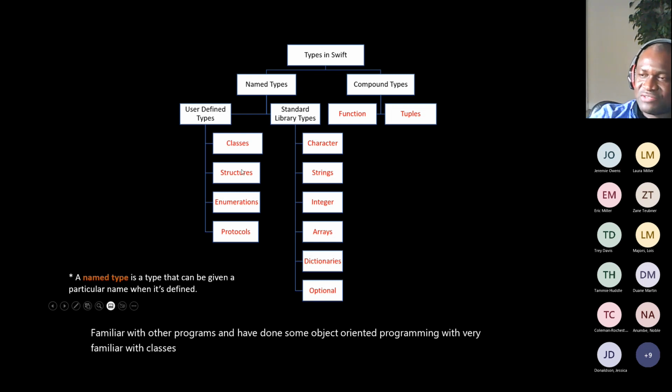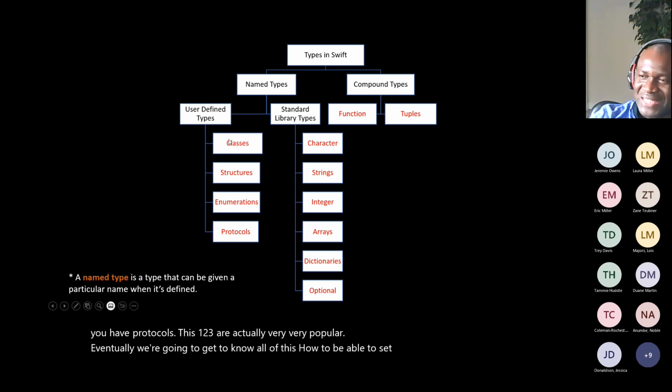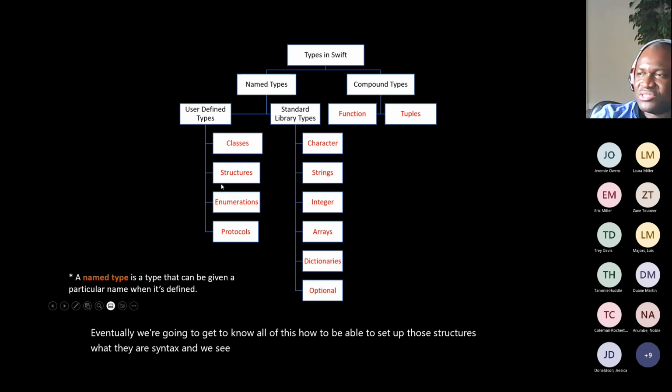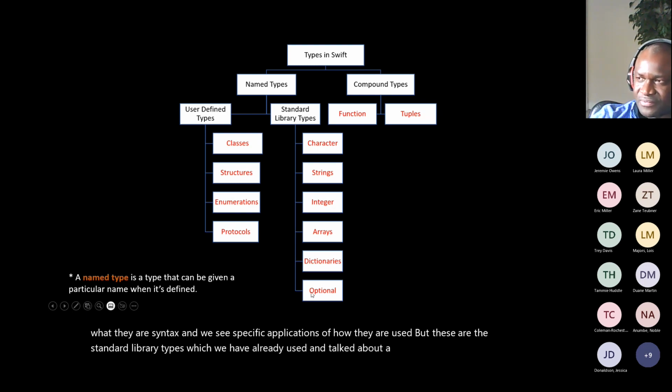So you have classes, you have structures, you have enumerations, and you have protocols. These three are actually very, very popular. Eventually, we're going to get to know all of this, how to set up those structures, what their syntax is, and we'll see specific applications of how they are used. But these are the user-defined types, alongside the standard library types, which we have already used and talked about a little bit.